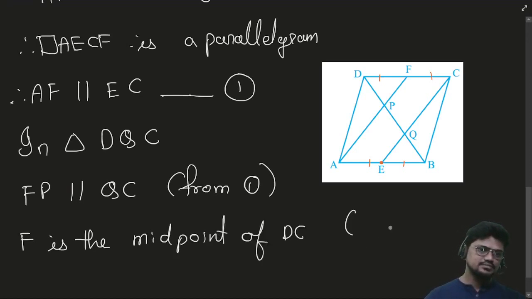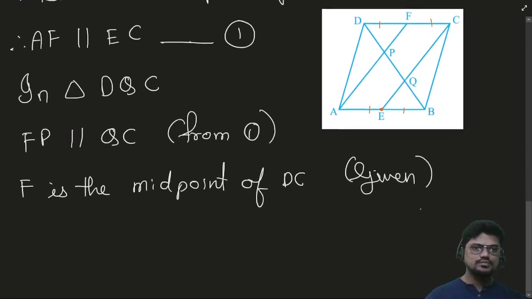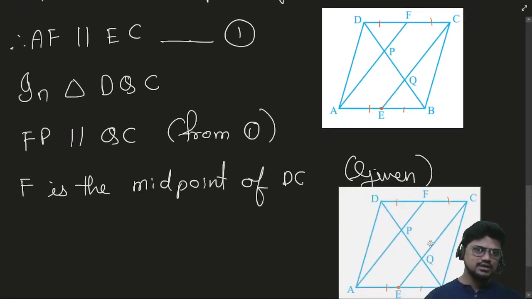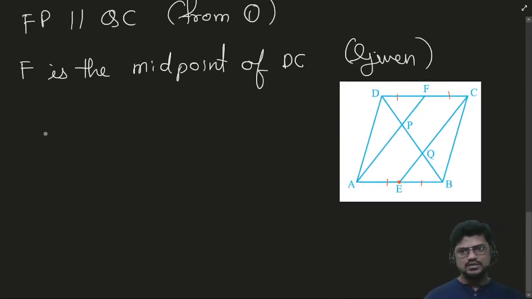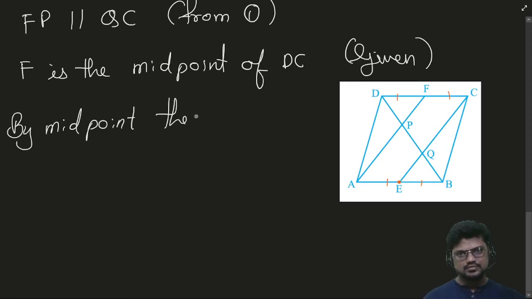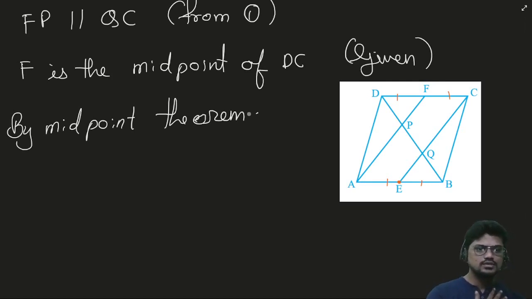That's given. Therefore, by midpoint theorem, what can we say? FP is equal to half of QC. Yes, that is fine.